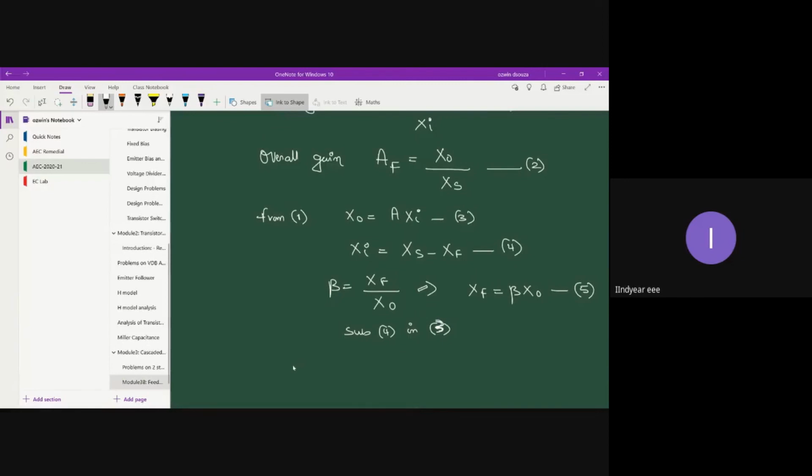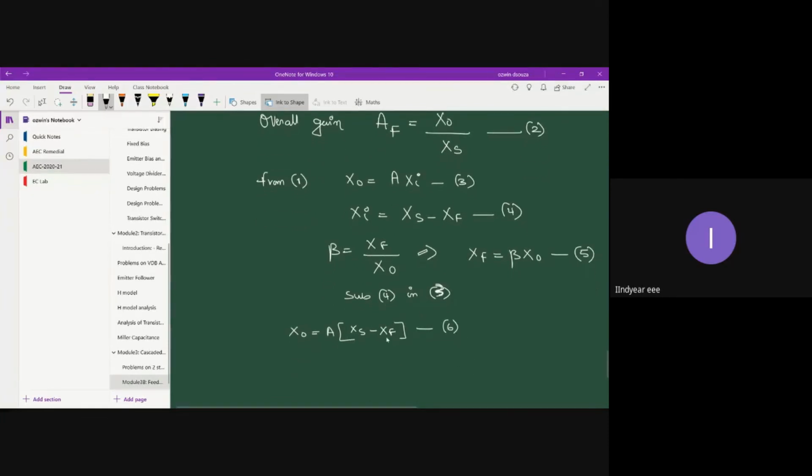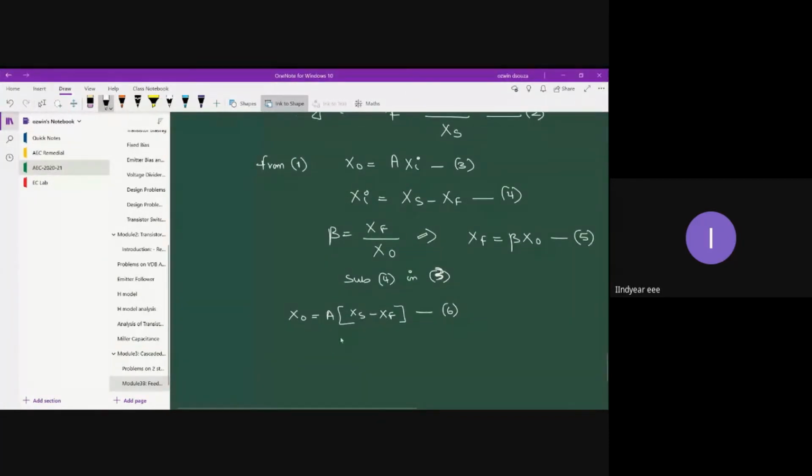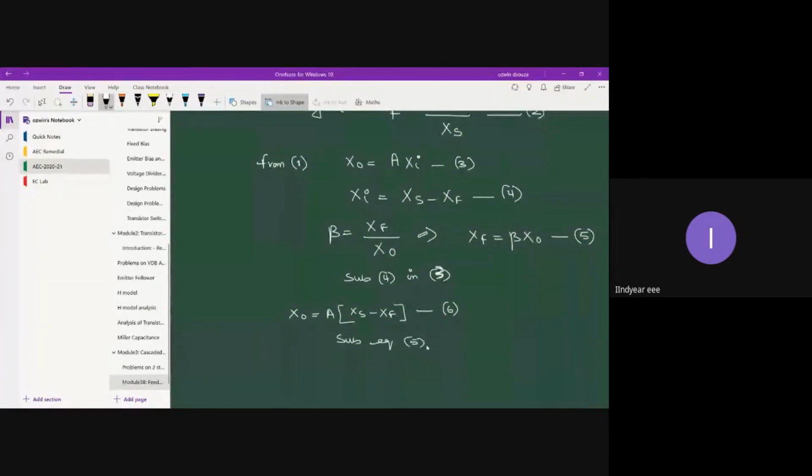So x0 is equal to A into xi. In place of xi, we have xs minus xf. Say this is equation 6. Now, in place of xf, you can substitute equation 5. So substitute equation 5 in equation 6.